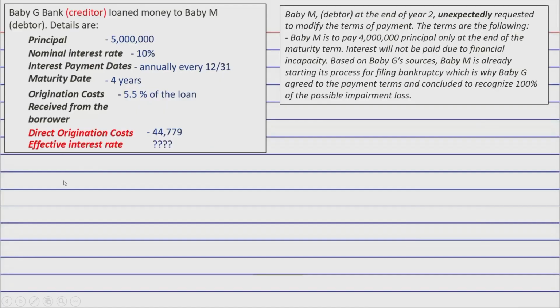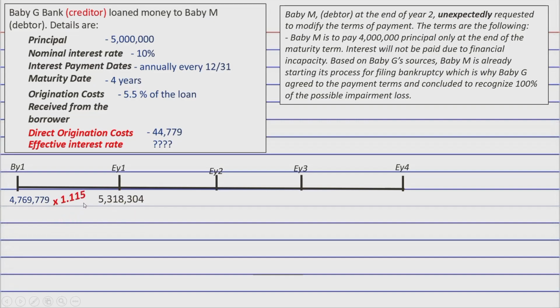What will happen is, at the beginning of year 1, the loans receivable will still be valued at the loan principal minus the origination cost received from the borrower plus the direct origination cost actually incurred by the creditor. So that's the same as before. And again, that's 4,769,779 times 1.115 equals 5,318,304.